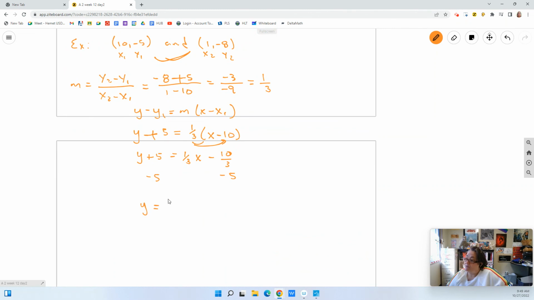So here I have y equals 1/3 x. And now I have this minus 10/3 minus 5. So if I think about this, minus 5, I need a common denominator. Minus 5 is 5 over 1. So our common denominator is just going to be 3, right? So I'm going to multiply this right here times 3 over 3. 5 over 1 is just 15 over 3.